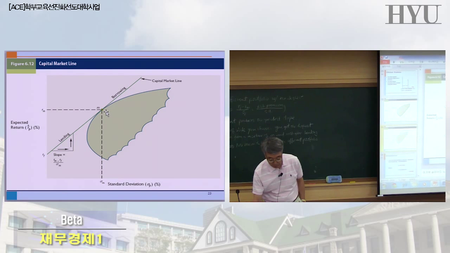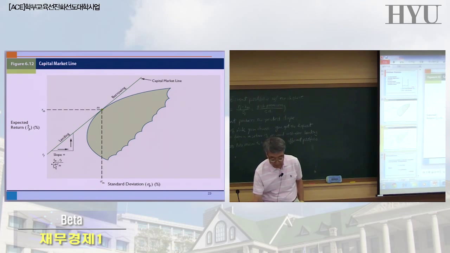If you want, you can put 100% of your money in this portfolio, no borrowing or lending. Or you can put 100% of your money on the bond, let's say a treasury bill, which means you're not willing to take any risk. In that case, your risk level will be 0.